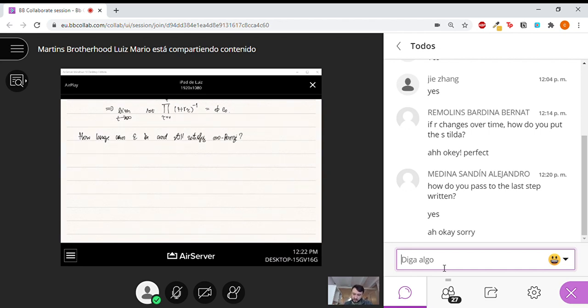The no Ponzi condition for the S tilde is limit, is this, right?